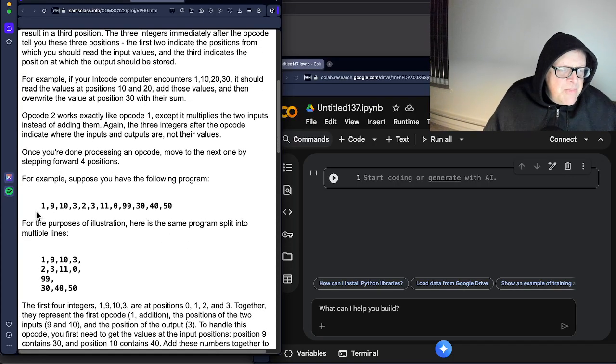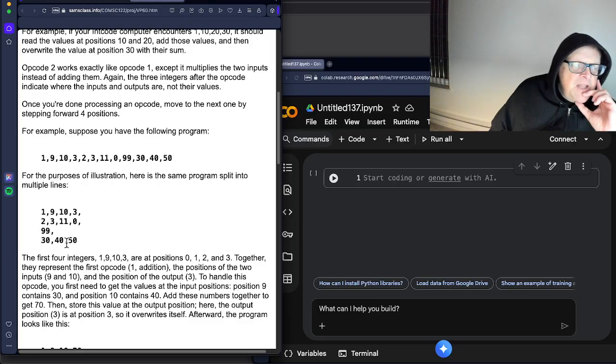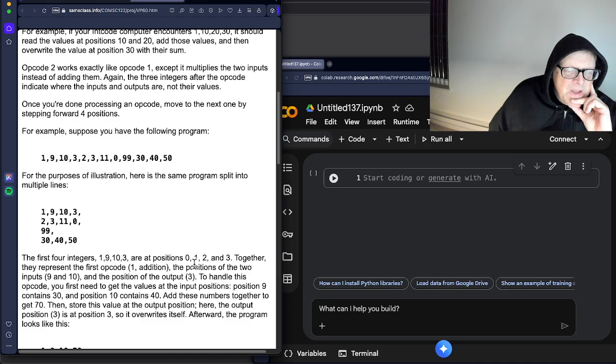So here's a program. If you split it into multiple lines, it's going to be 1, 9, 10, and 3. That means take the location of 1 and 9. And by the way, the locations start counting at 0. So adding location 1 and 9 together, the 9 is at location 1.